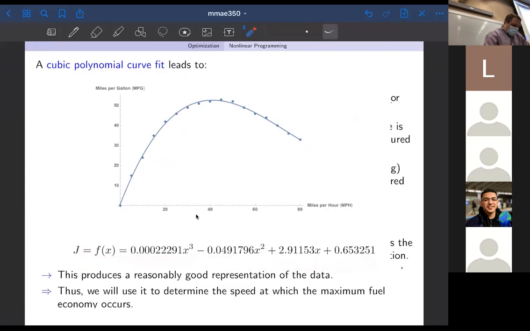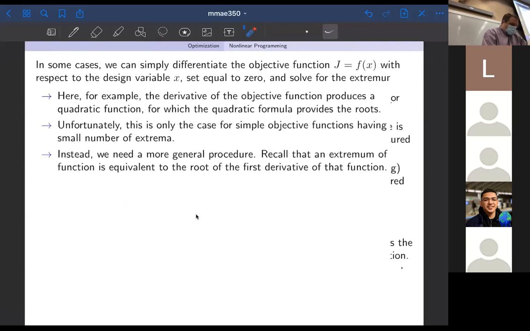Okay, so I have a reasonably good representation of the data. And in fact, I got that by doing an optimization problem through polynomial curve fitting. Like I said, in simple cases, I can simply take my single objective function, f of x, and differentiate with respect to the design variable x.